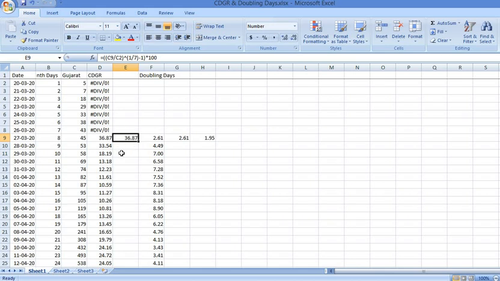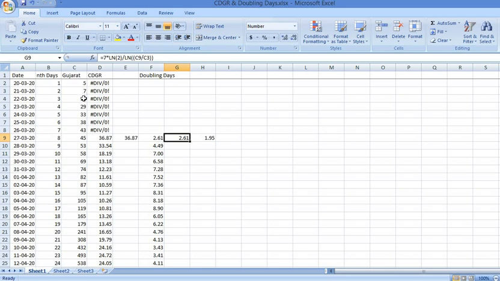To understand CDGR better, we have to understand the concept of doubling days. The doubling days formula is 7 multiplied by the natural logarithm of 2. 2 is here because we are calculating doubling days, and that value will be divided by the natural logarithm of C9, that is the 8th day cases, that is 45, divided by C3, that is the second day cases. So what is the message we are trying to convey here?